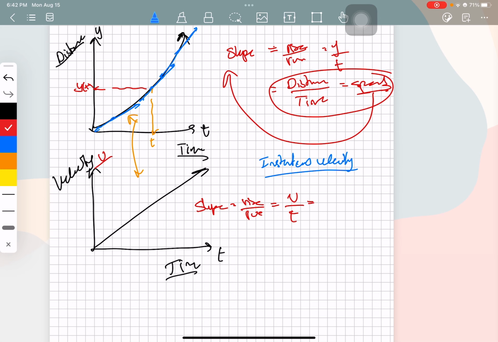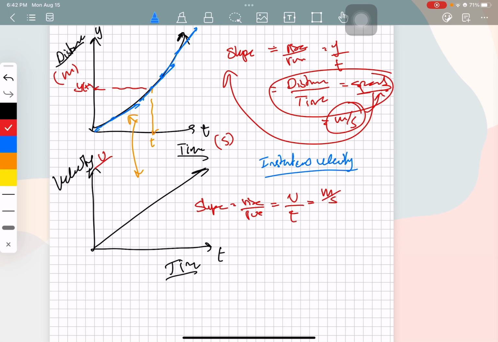If we use units, in the distance we had meters, and for time it's usually seconds, so this is also equal to meters per second. That just tells you that your speed is in meters per second, that's its unit. Here too, you have the slope, rise over run, v over t, which is also equal to m over s, that's your meters per second.